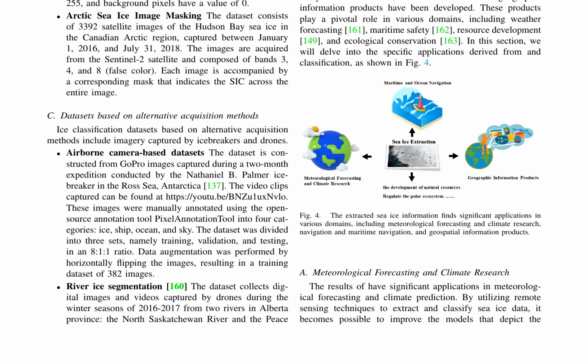Navigation and maritime safety also benefit from accurate sea ice information, which can significantly reduce the risk of accidents and improve shipping routes. Furthermore, geospatial information products derived from sea ice data can aid in resource development and ecological conservation efforts.